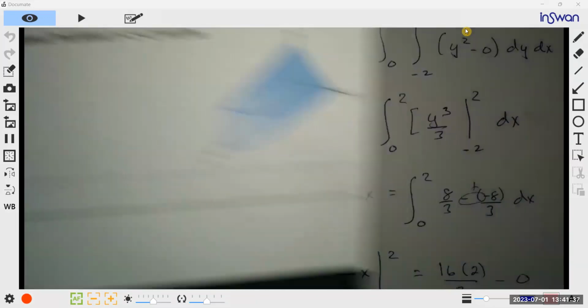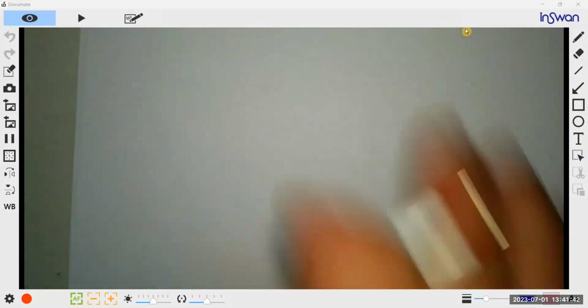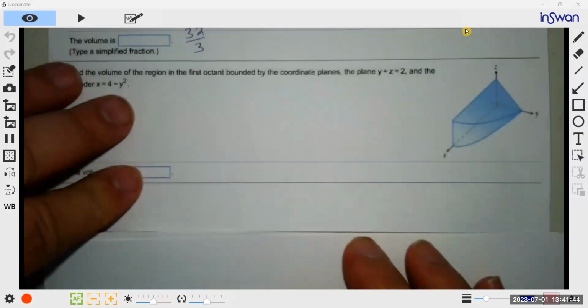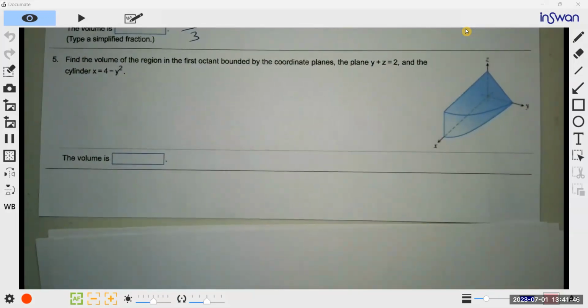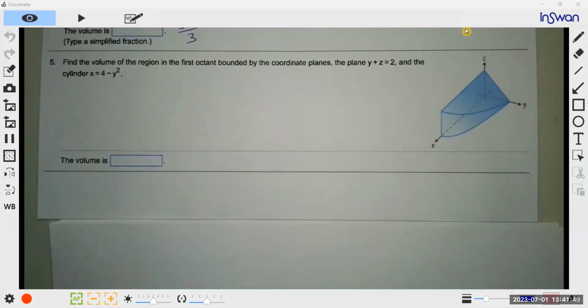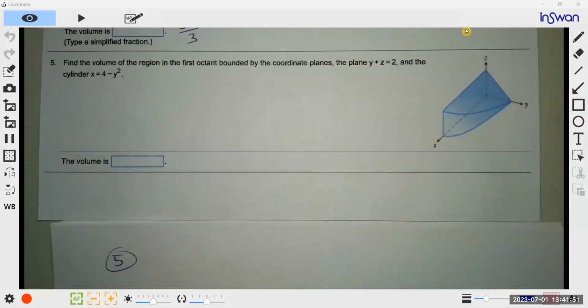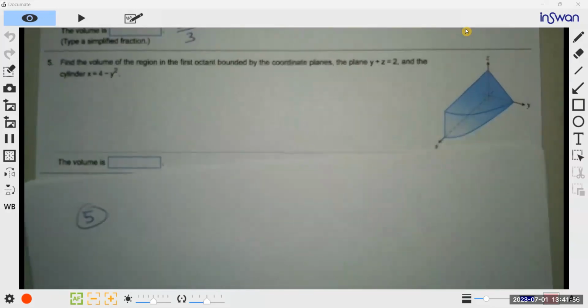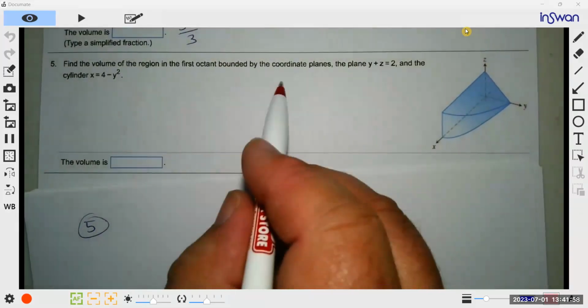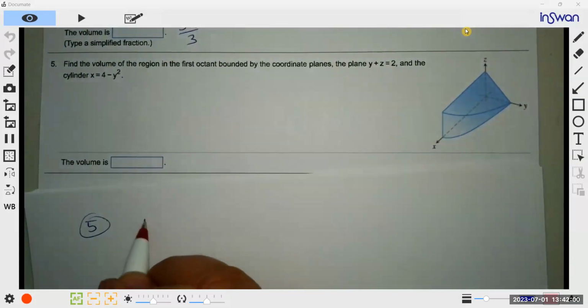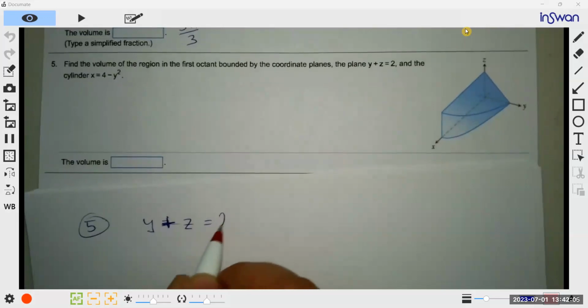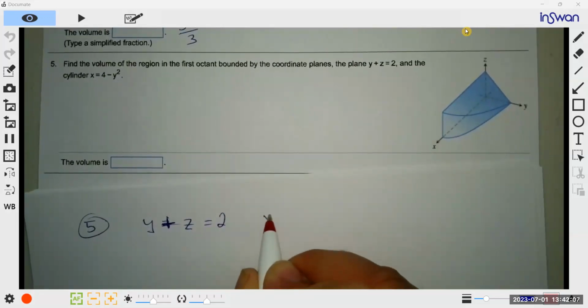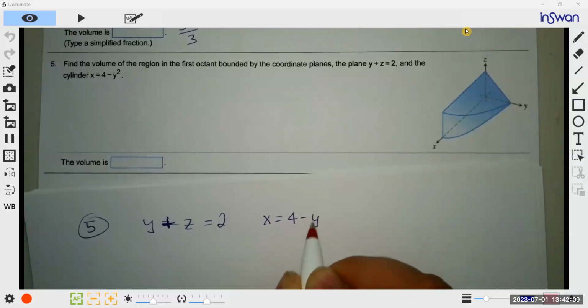Okay, number 5. Find the volume of the region bounded by the coordinate planes in the plane y plus z equals 2 and x equals 4 minus y squared.